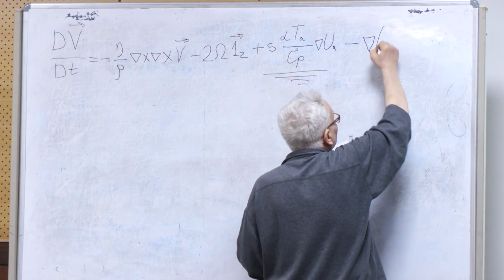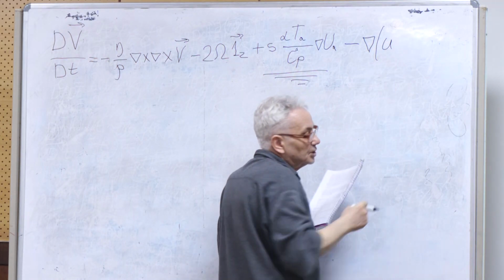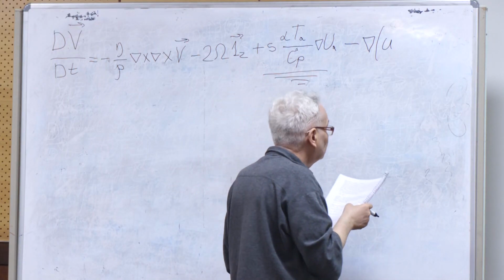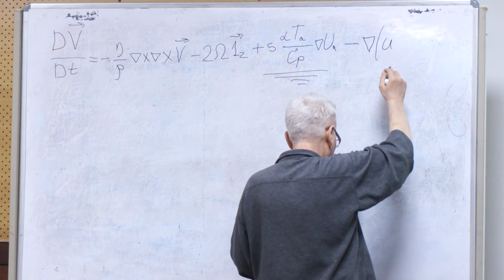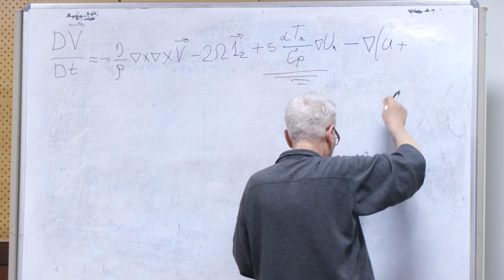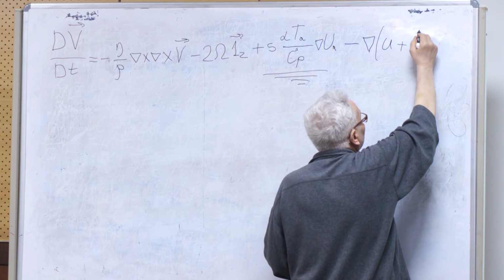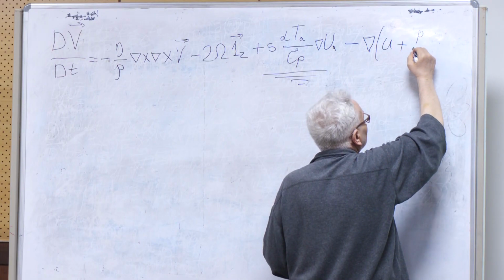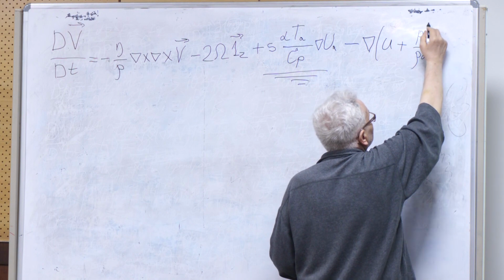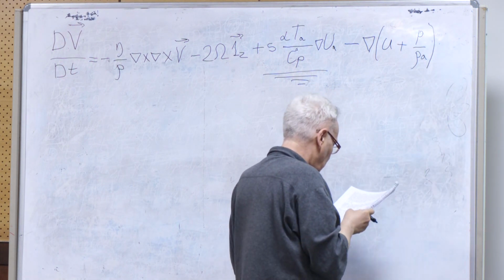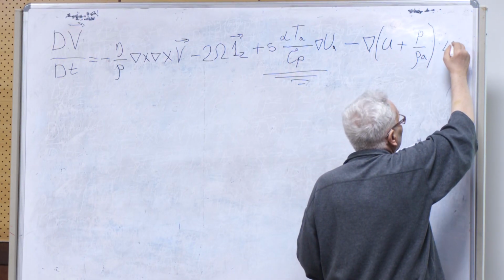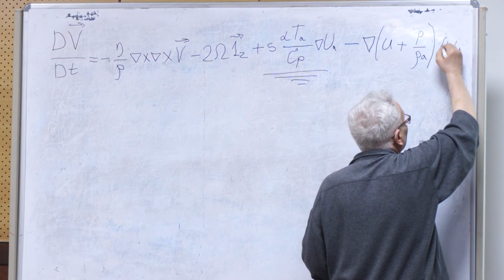It includes the gravitational potential deviation from the adiabatic state, and also the modified pressure, which could be written in a simple form. We have again the deviation from the adiabatic state and just the adiabatic density again. So it's equation 4a.